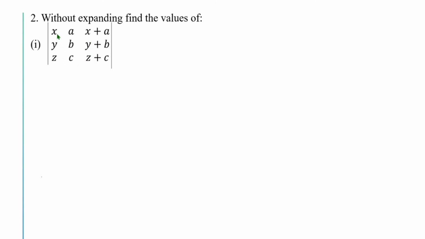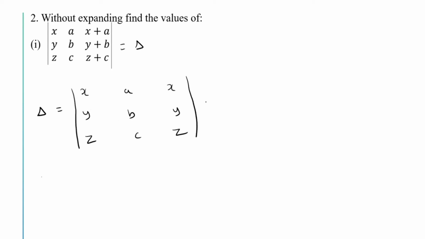Since here we have x plus a, y plus b, z plus c, if we take this as equal to delta, then delta is equal to x, y, z, a, b, c, x, y, z plus x, y, z, a, b, c, a, b, c.